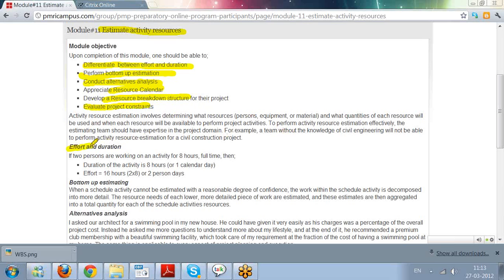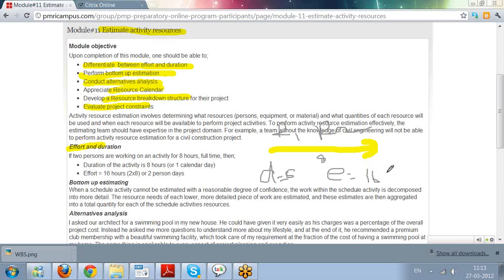Coming back to effort and duration, let's say two persons are working on an activity for 8 hours full time. If there is an activity like this, and two resources, R1 and R2, are working on it for 8 hours, the duration is 8 hours, and the effort will be 2 into 8, that is 16 person hours.